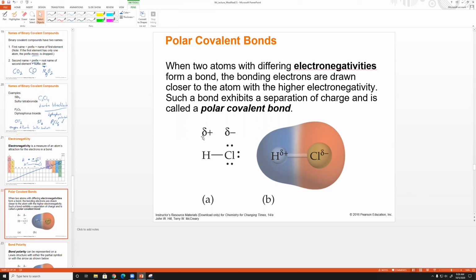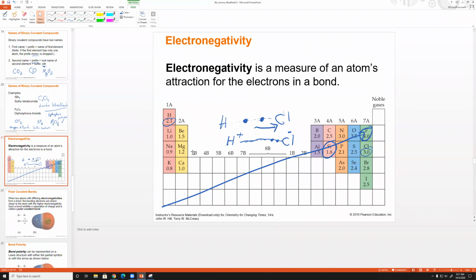This is a lowercase delta, and that means partial charge. That's the sign they use. So yeah, that's that. And you can determine a bond's polarity by the elements' positions on the periodic table. If they're very close to each other, such as phosphorus and sulfur, they won't have much polarity.